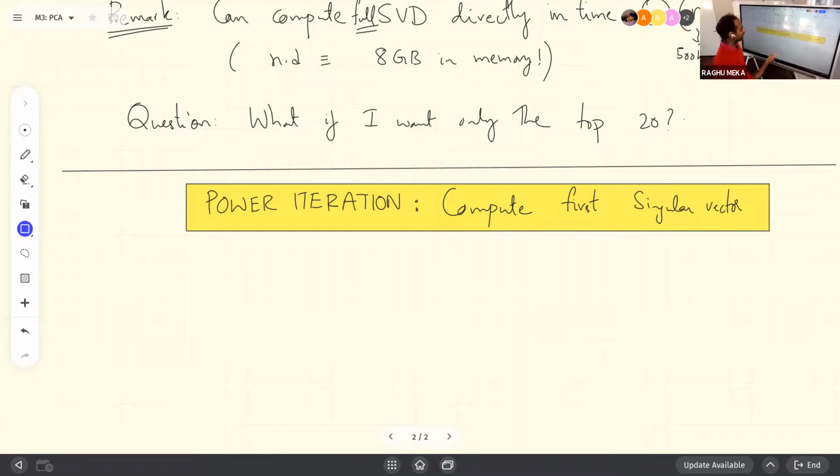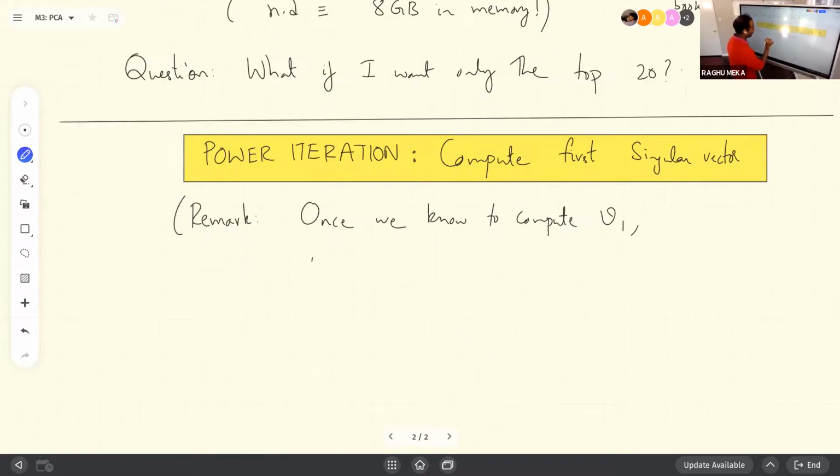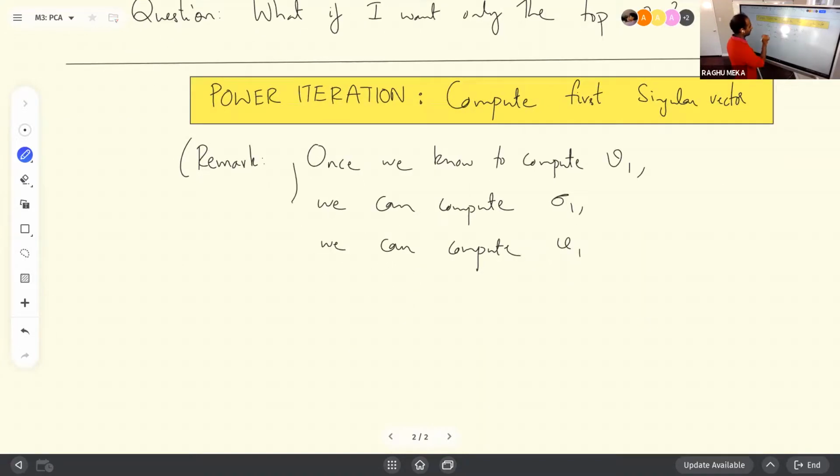So it will give us the first singular vector, and as a remark, once we know how to compute V1, we can compute sigma 1, we can compute U1, and then compute X minus sigma 1 U1 V1 transpose.